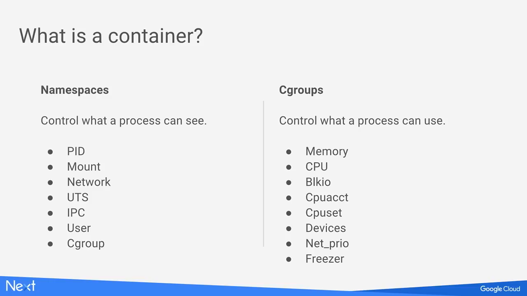As far as namespaces go, there's a bunch that you can use. You can control what processes are being seen, mounts, networks. UTS is host name. IPC is like messaging queues. User namespaces creates an unprivileged user if you want, and it will be mapped to a different user on your actual host. And then there's also a cgroup namespace, just to confuse everyone, which controls what cgroups you can actually see. As far as cgroups go, you can control things like how much memory will be used, CPU.